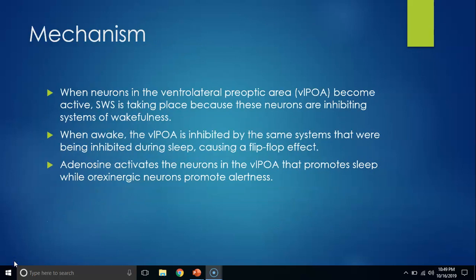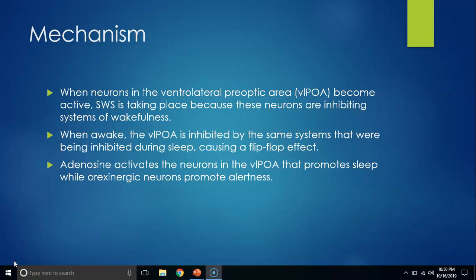The mechanism of this takes place in the hypothalamus. When neurons in the ventrolateral preoptic area in the hypothalamus become active, slow wave sleep is taking place because these neurons are inhibiting systems of wakefulness.